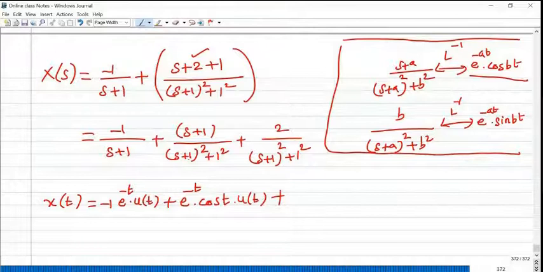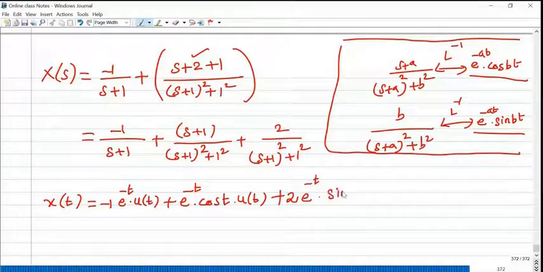A value 1, b value 1. 2 is a constant here: 2 times 1 divided by s plus 1 whole square plus 1 square. B value 1, so the formula is e power minus at sin bt: e power minus t sin t u of t. So this is your result.